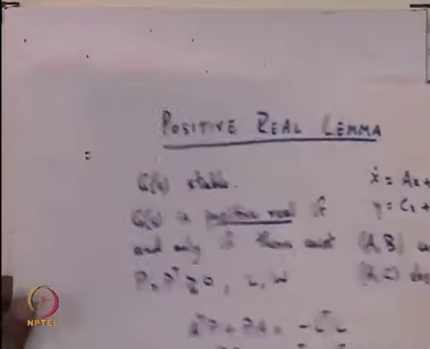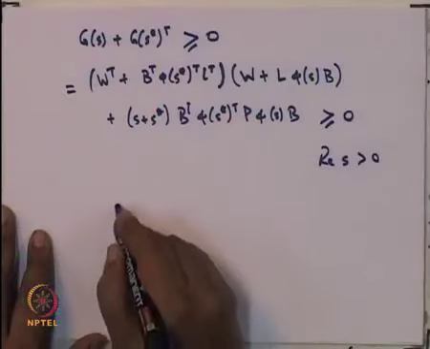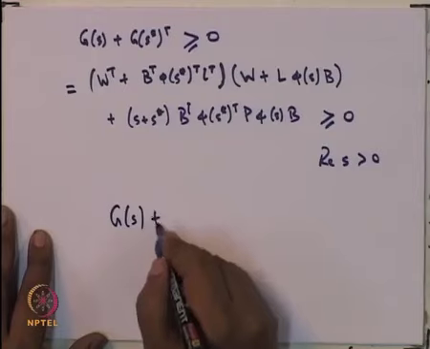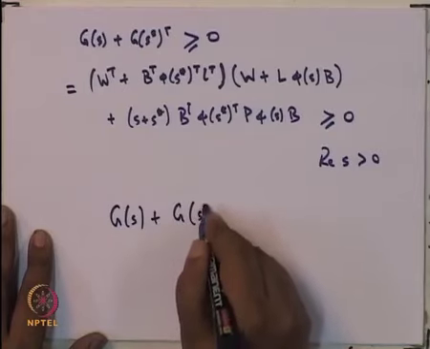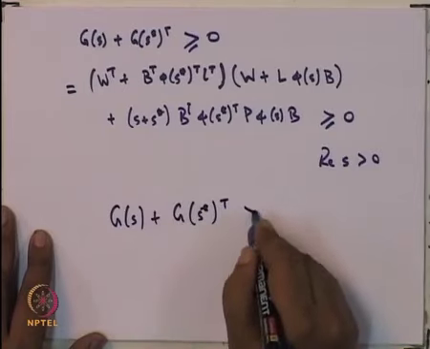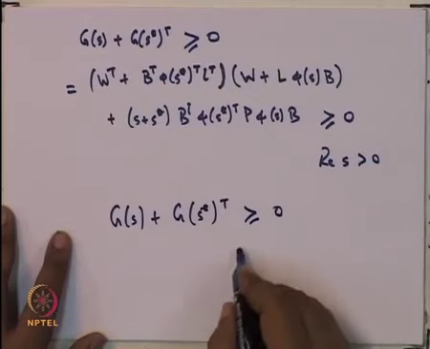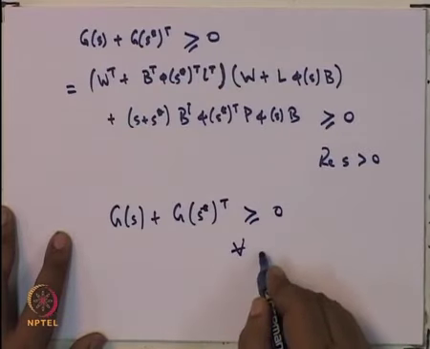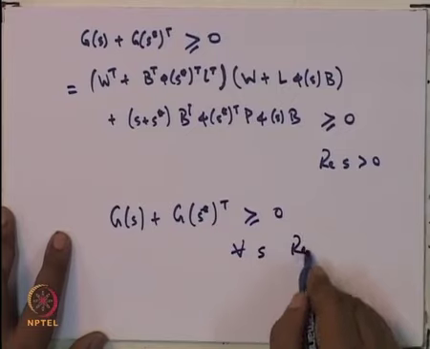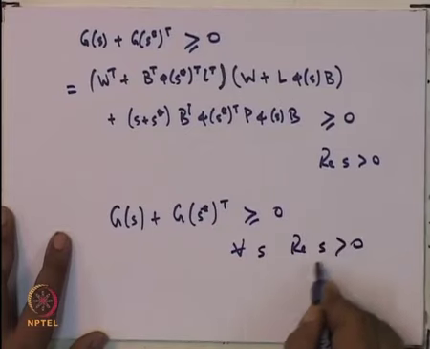So, what we have really shown, as is clear from this slide, is that G S plus G S star transpose is greater than or equal to 0 for all S such that the real part of S is greater than 0.